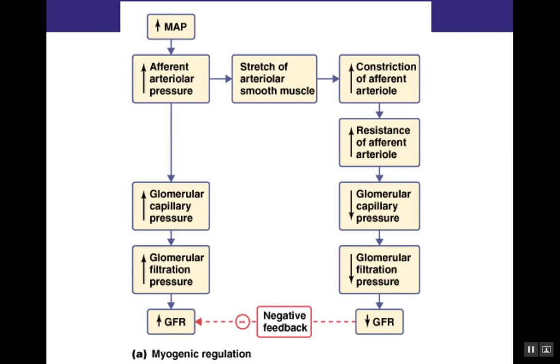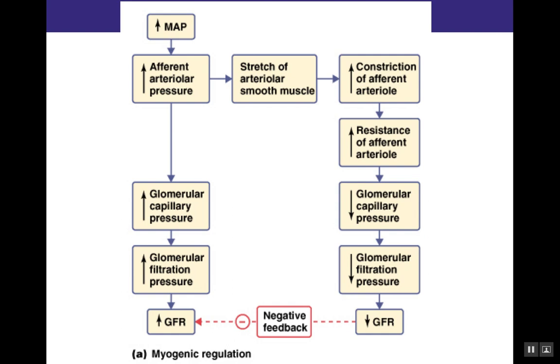If you do get an increase in mean arterial pressure, a surge in high blood pressure, it's going to cause, again, an increase in afferent arteriolar pressure, and it's going to stretch those smooth muscle cells that surround the afferent arterioles. With that stretch, it's going to activate some of those mechanoreceptors in the smooth muscle cells, and it's going to cause a compensatory constriction of the smooth muscle that surrounds the afferent arterioles.